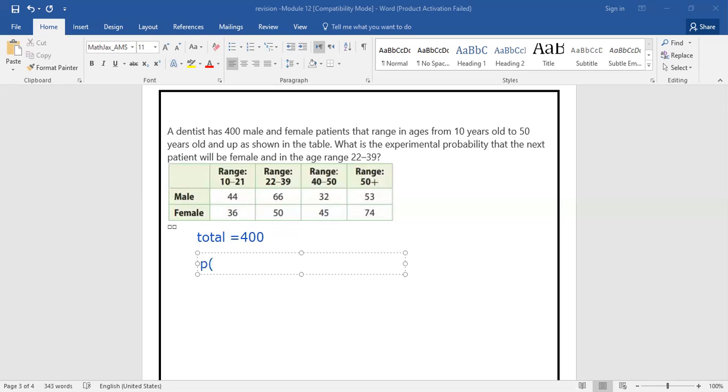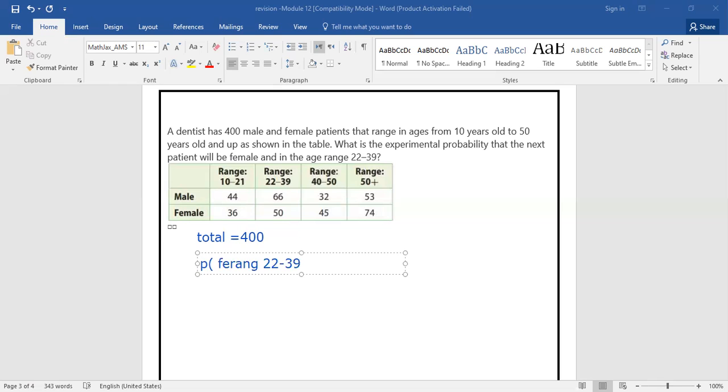That will be unlikely. So the probability for range 22 to 39 and female will be 50 over 400.